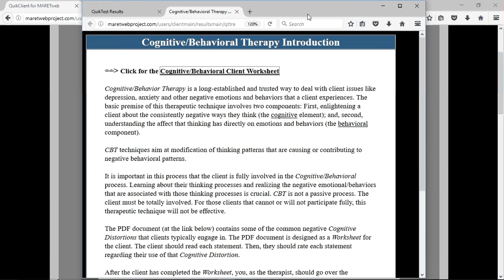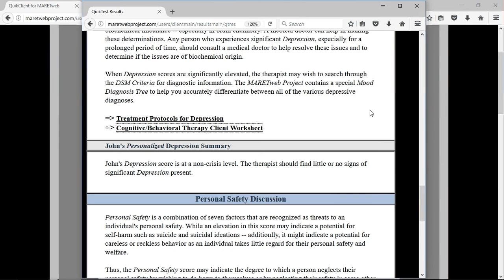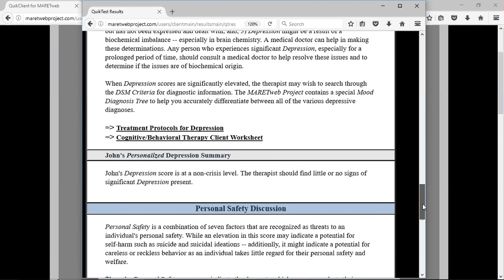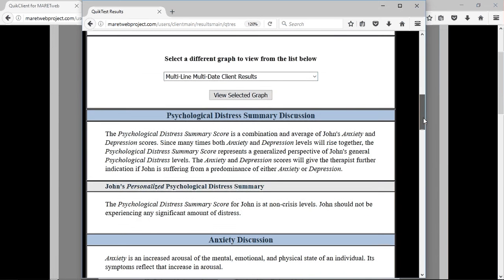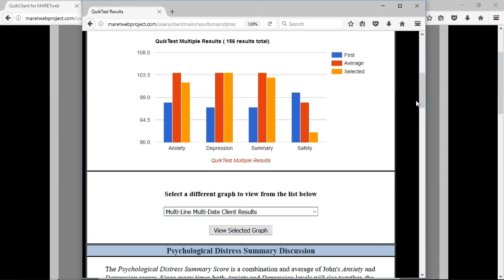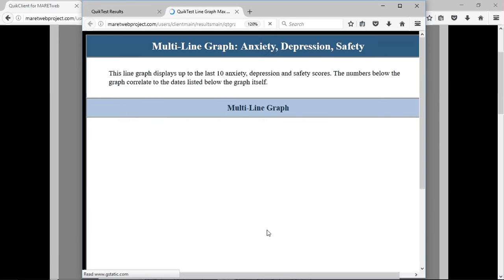Let me see here. The second issue is related to a graph. Of course, this is the normal graph that you see when you come in, but in the multi-line, multi-date client results, if you click on it, you get this.